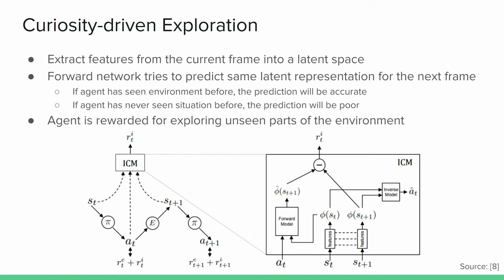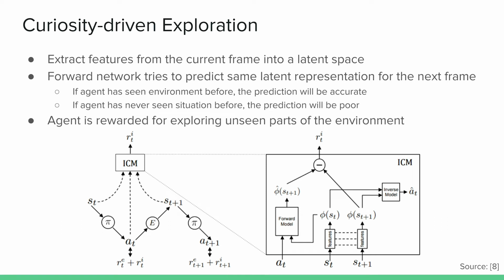And if it is an environment that it has never seen before, it will do a really poor job at predicting the next state. So the difference between the actual latent representation of the next state and what the network predicts will be high. So it will drive the agent and reward it for exploring unseen parts of the environment, which is a really interesting thing to have, and it really can help your agent to perform much better.